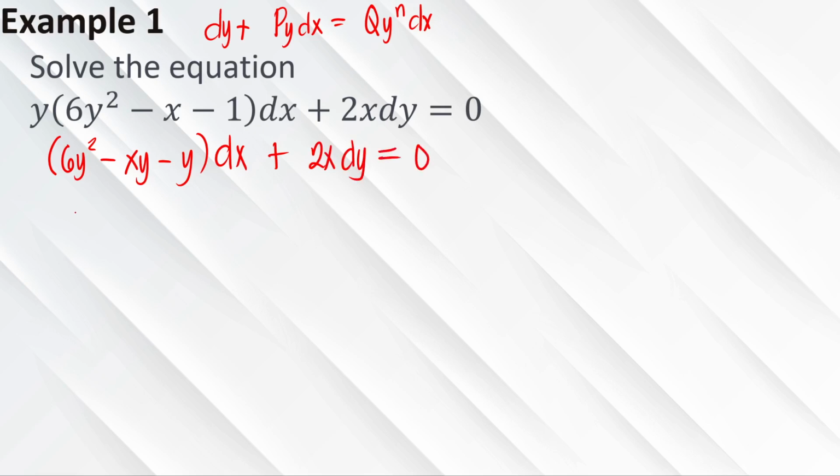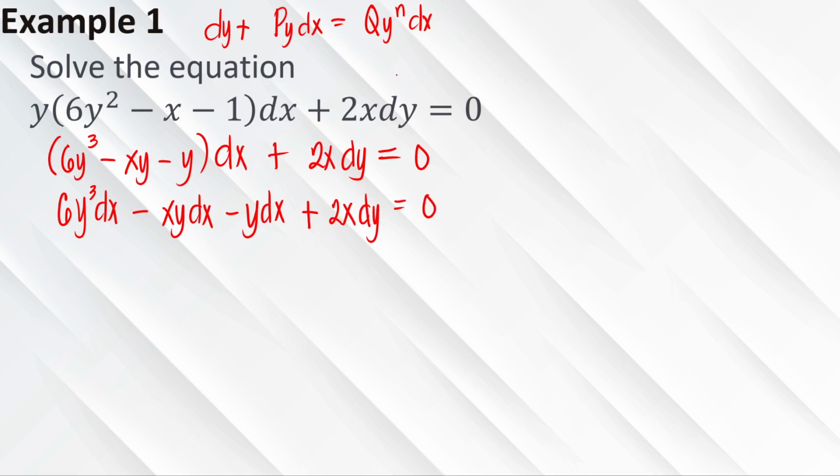Then I will distribute dx. So, sorry, x 6y cubed na ito. xy minus y. Okay. So 6y cubed dx minus xy dx minus y dx plus 2x dy equals 0.